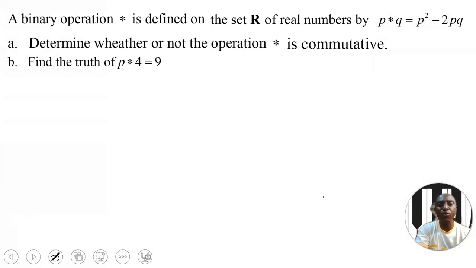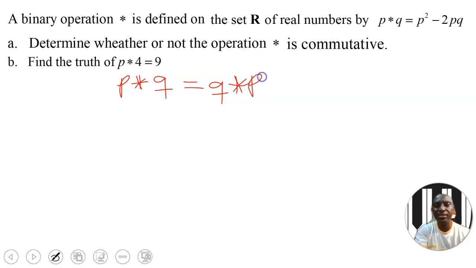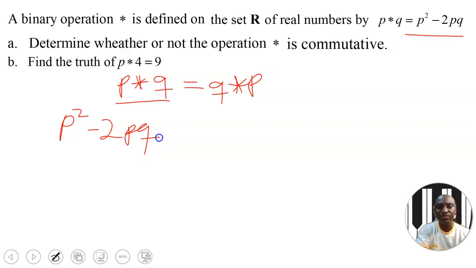So we know that for an operation to be commutative, then P star Q should be the same as Q star P. This is our definition. So on the left hand side here, we are going to define it by that. So P squared minus 2PQ.